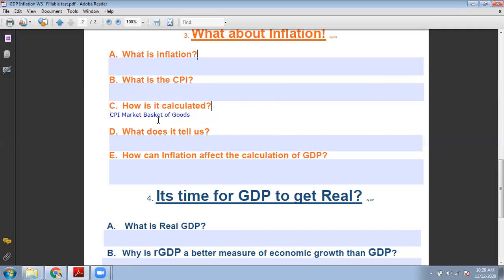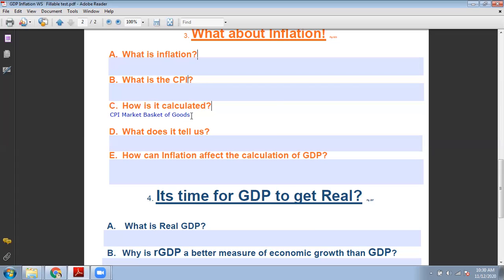So think of a really, really big basket. And what we want to do is we want to know what is happening to the price level of all goods and services. Well, it would be too difficult to measure every single item that is being bought and sold around the country at a time, because there are some things that are rarely bought and some things that are bought all the time. So which one matters more or which one matters less? It's a very difficult thing to do.